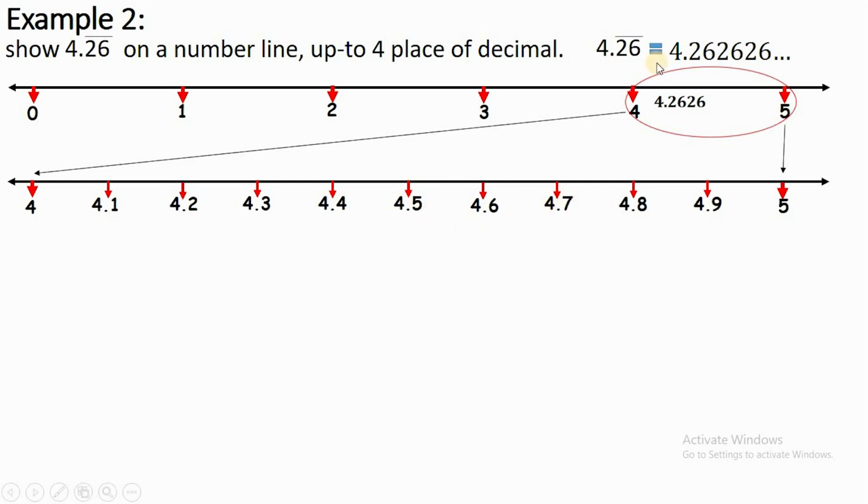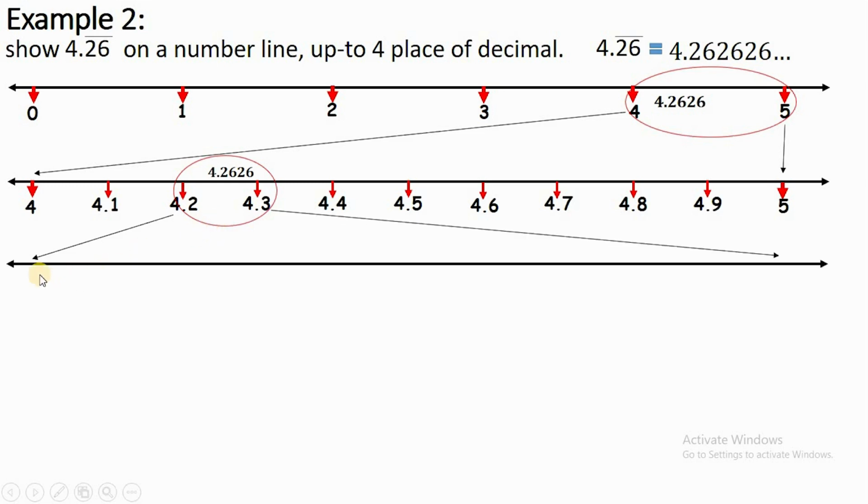Now again you have to check, 4.2626 is greater than 4.2 and it is less than 4.3. So 4.2626 lies between 4.2 and 4.3. So again here we'll zoom in this portion of the number line. Here is the zoomed in portion.